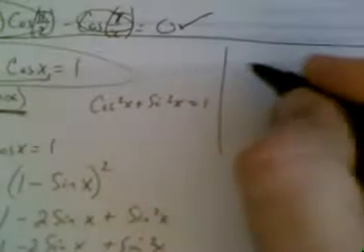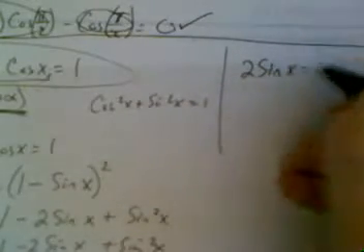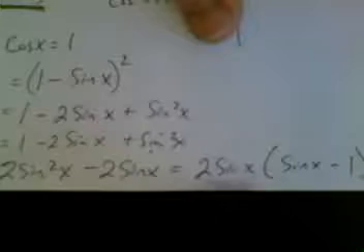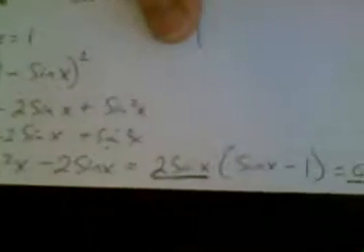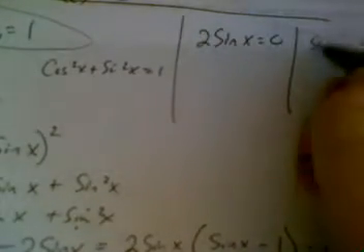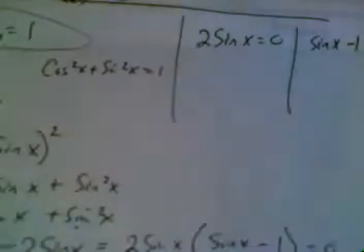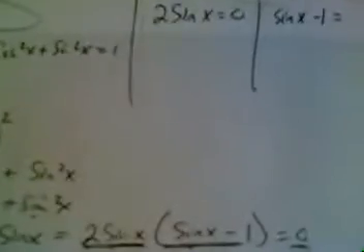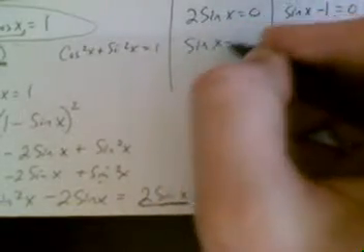So now I'm going to move up here and say, I have 2 sine of x is equal to 0. And then I'm going to have sine x minus 1 equals 0. This one here gives me sine of x is equal to 0.